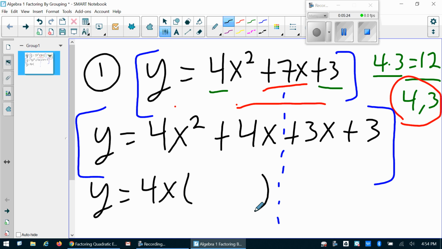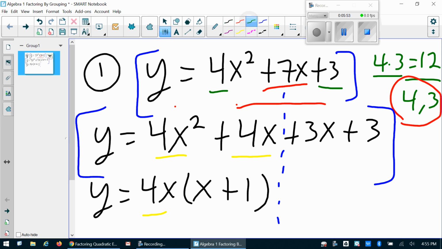What goes inside the parentheses is what I get when I divide 4x squared by 4x. 4x squared divided by 4x is just x. 4x over this 4x is just plus 1. So all I did is I pulled out a greatest common factor of the two terms that are underlined in yellow. How can you check to make sure you did it right?